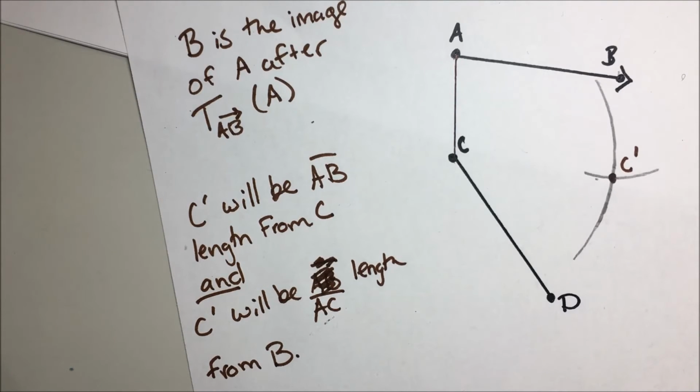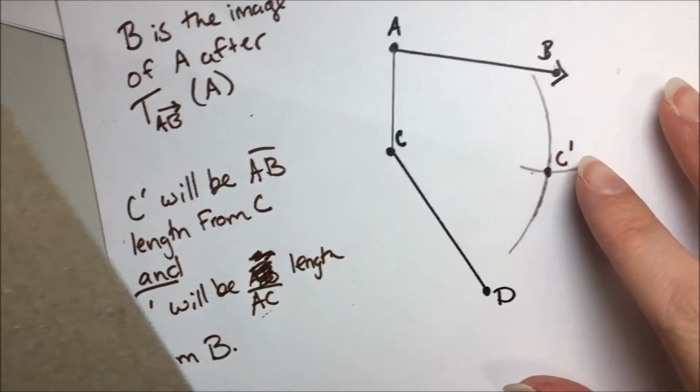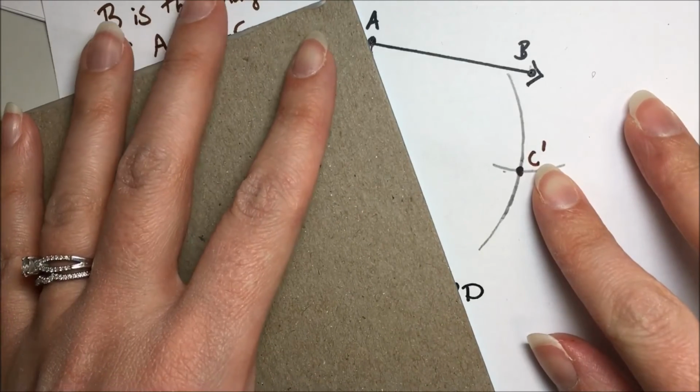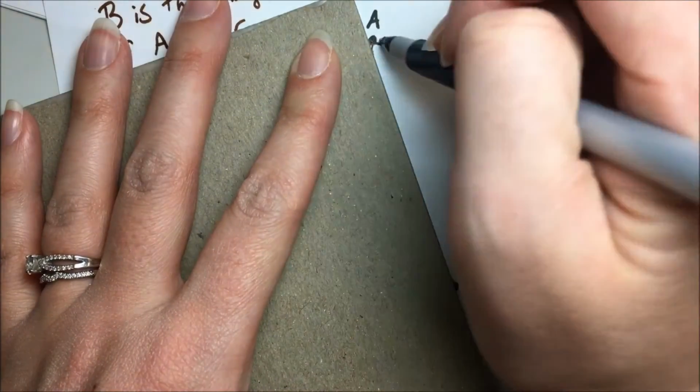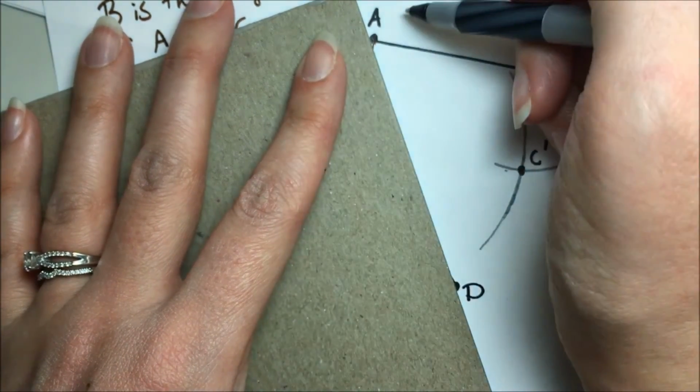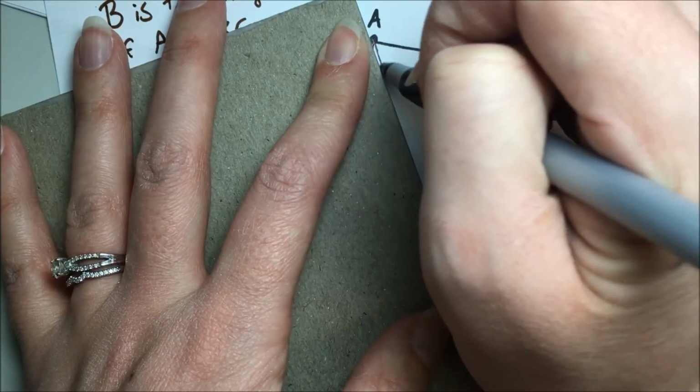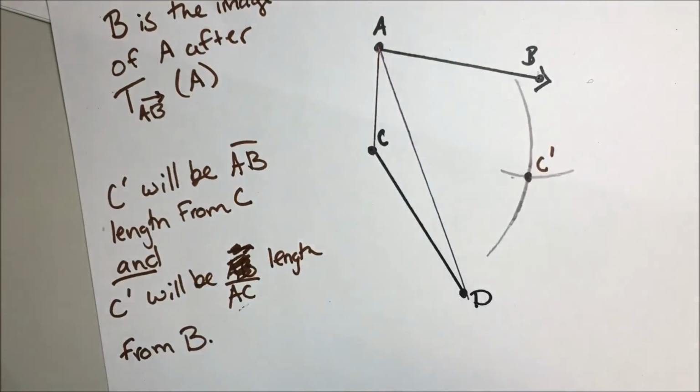Okay. So now I'm going to do the same thing again, and again I'm going to draw just a little line from A to D so you guys know what I'm talking about. So I'm going to draw this segment here. You don't have to draw on yours, but I want to make sure that you guys know what I'm talking about when I say it. Okay.